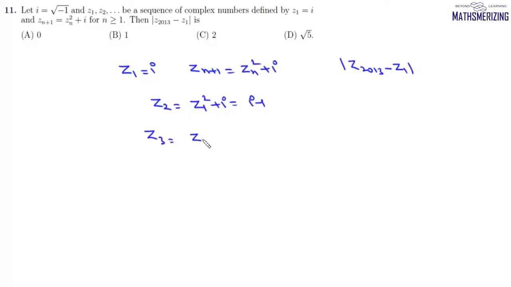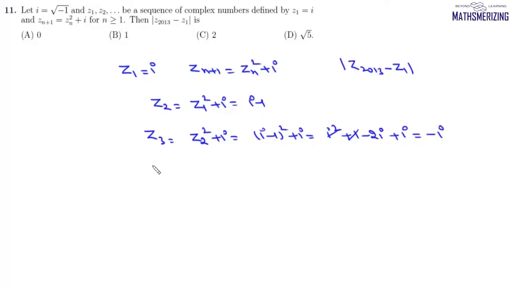Z3 will be Z2² + i, and it will be (i - 1)² + i, which is i² + 1 - 2i and then + i. So here it will cancel. We'll get this value as -i.